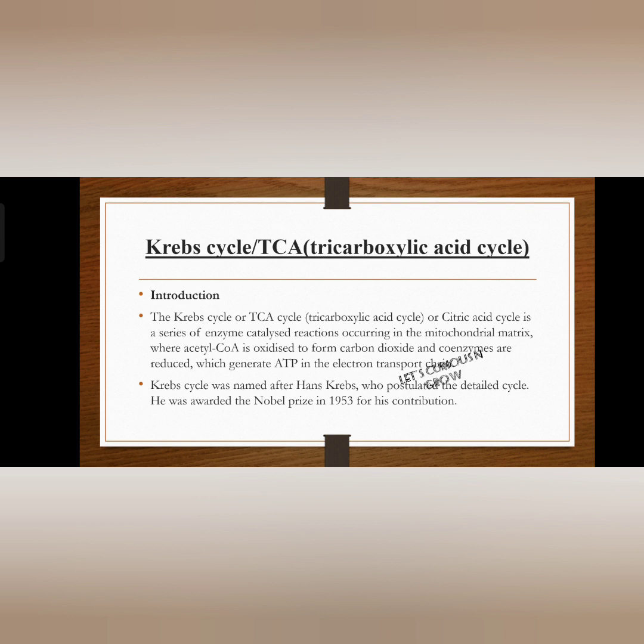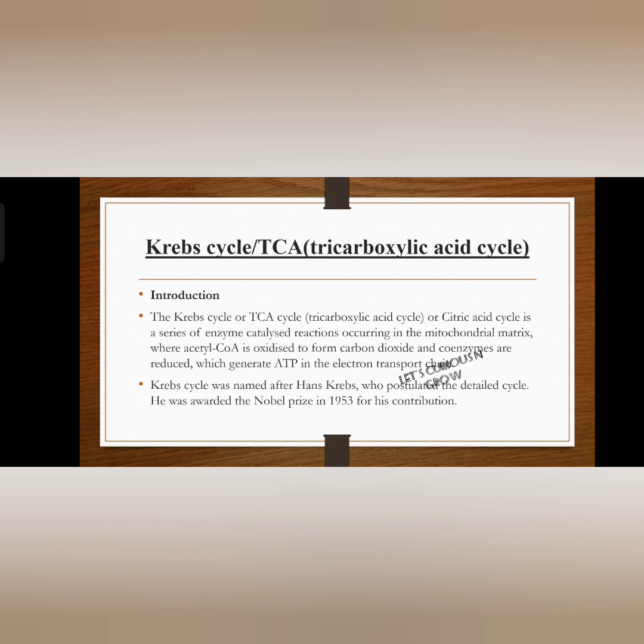It is also known as the tricarboxylic acid cycle, the Krebs cycle, and the citric acid cycle, and it is a series of enzymes completed in 8-step reactions. It was first named by Hans Krebs, and he postulated the detailed cycle. For this he was also given the Nobel Prize in 1953 for his contribution.